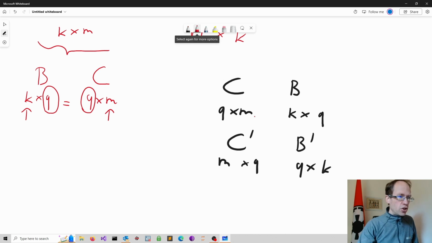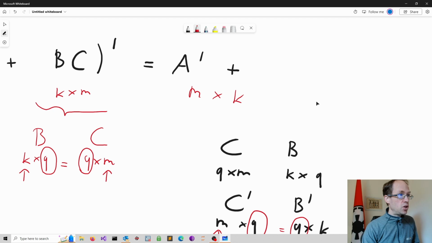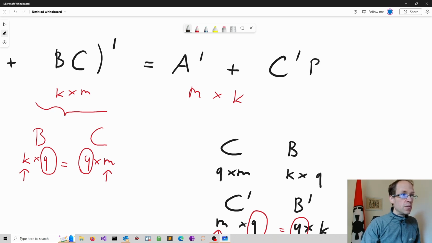So again, the adjacent dimensions match. So these two match, and we end up with the product of dimension m times k as intended. So going back to our equation, we have A prime with dimension m times k, followed by C prime B prime.